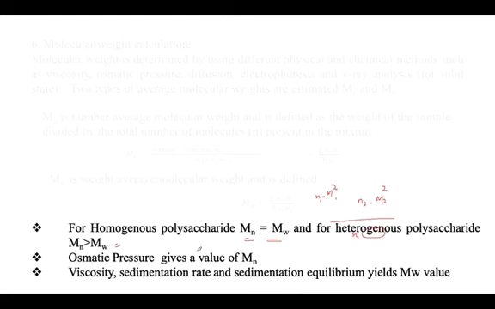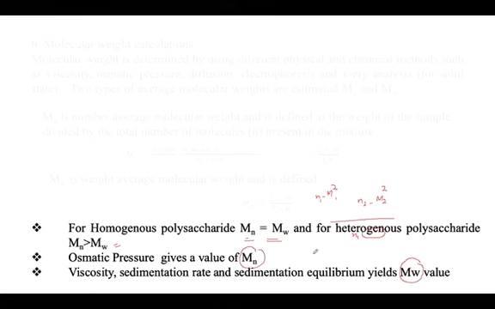Now there are various ways to calculate the Mn and Mw. For example, osmotic pressure, which is a colligative property, is used to calculate the number average molecular weight. And viscosity, sedimentation rate, and sedimentation equilibrium yield Mw values, the weight average molecular weight.